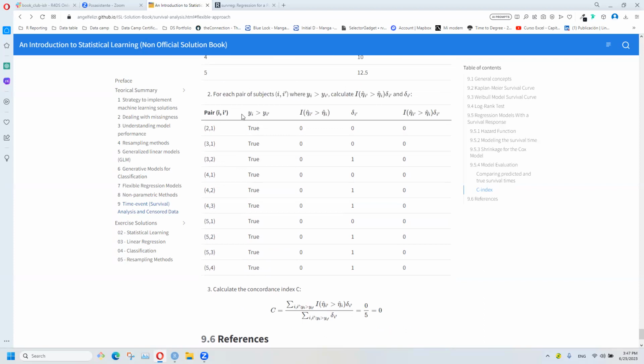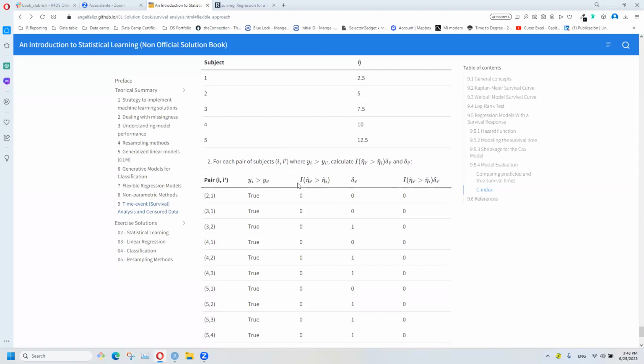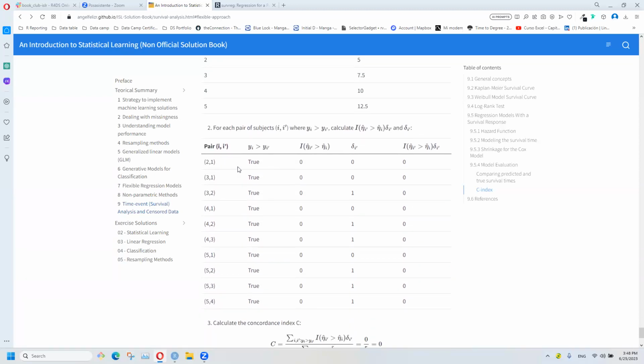So that's the way that they select the pairs to compare with each other. And they start to compare if the risk of subject 2 is higher than the risk of subject 1. No, the risk of 1, yes, is higher than the risk of 2.